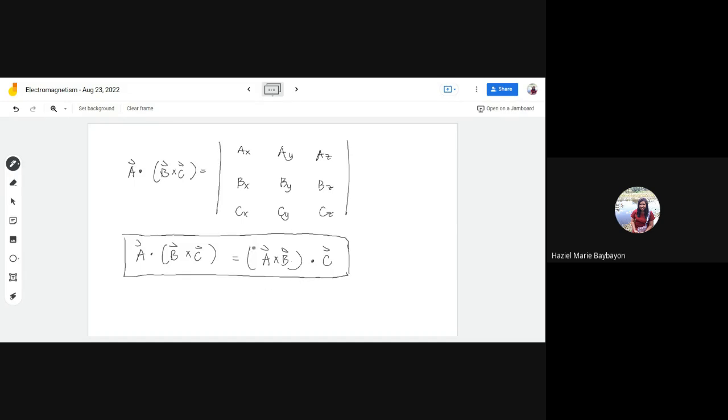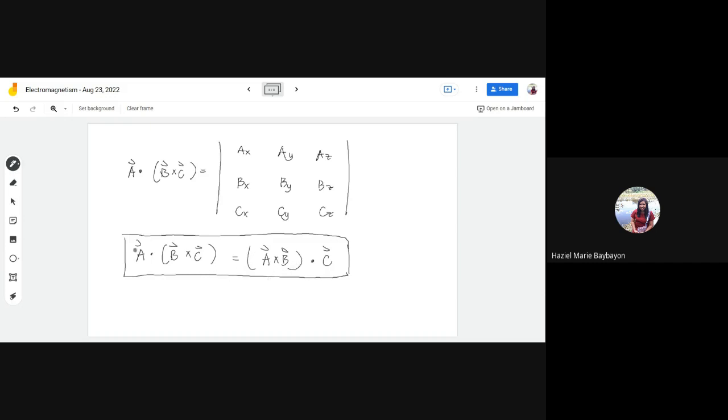But take note of this. It has no meaning if you move the parenthesis so that you write A cross, open parenthesis, B dot C, because you cannot cross a scalar quantity and a vector quantity. So take note of the position of the parenthesis.